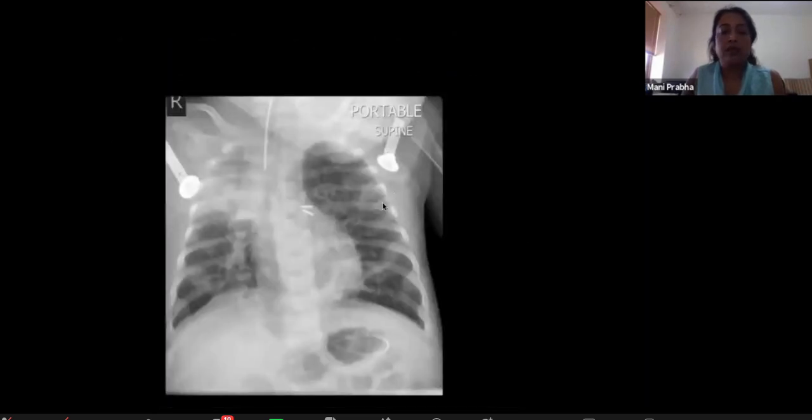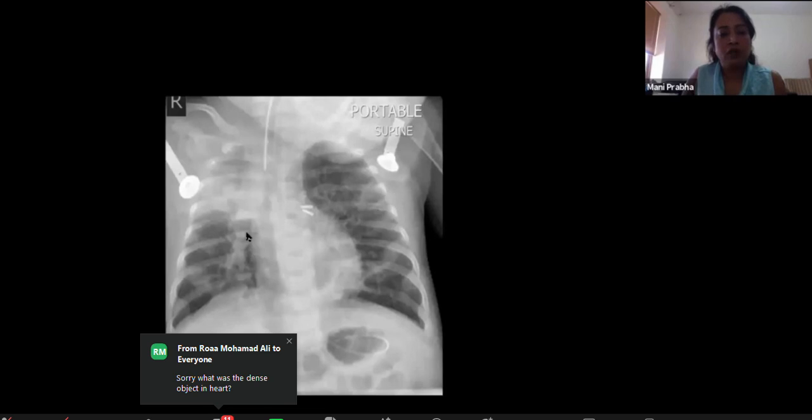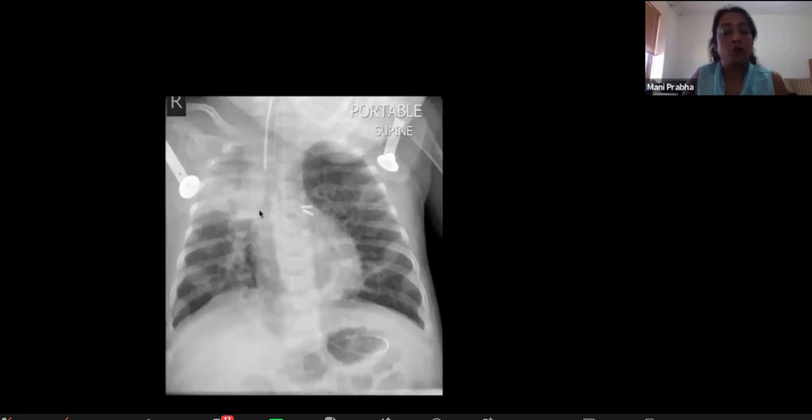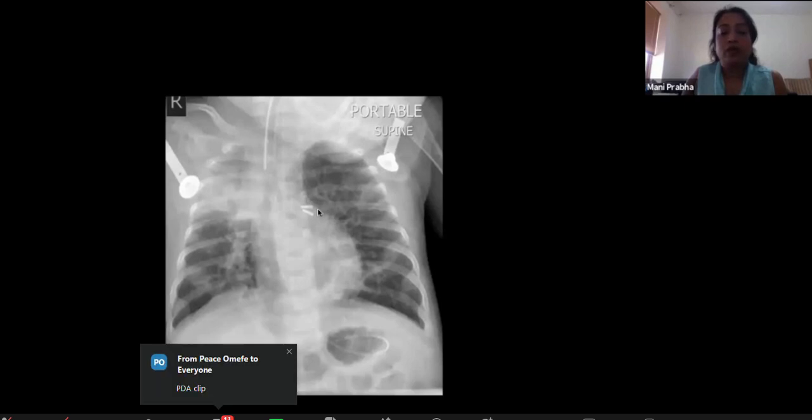This is another case of the same condition, and we can see irregular opacification in both the lungs, and consolidation or collapse of the right upper lobe, and a PDA clip as well. This gives you a clue that the child was a preterm child, still ventilated.